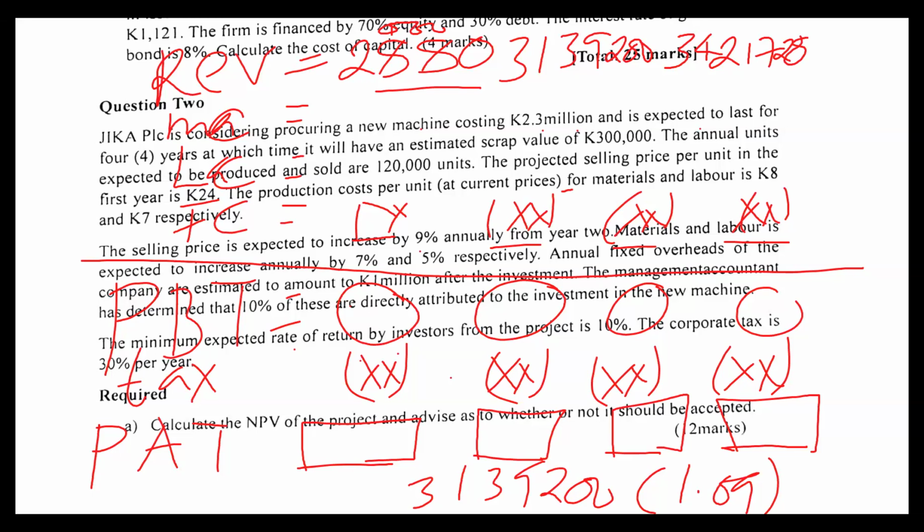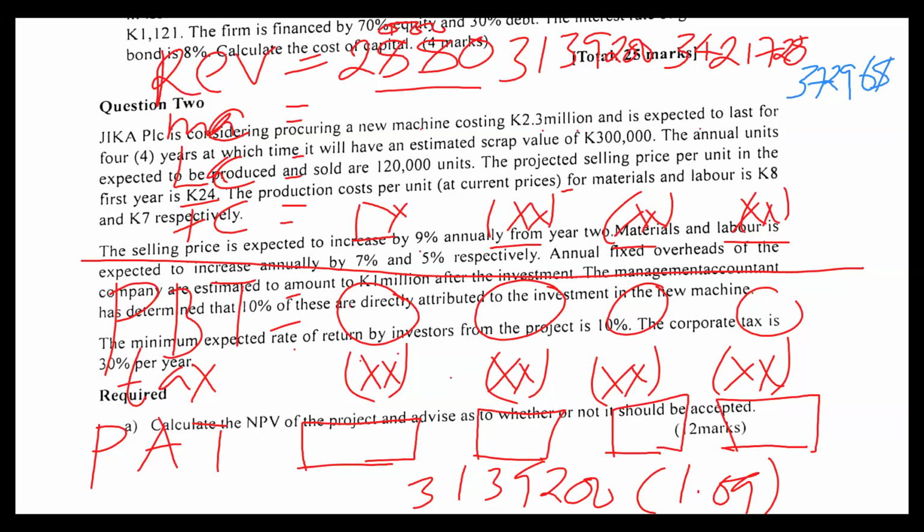What about the last year? Grow this same one you have found now again at 9%. 3,729,683.